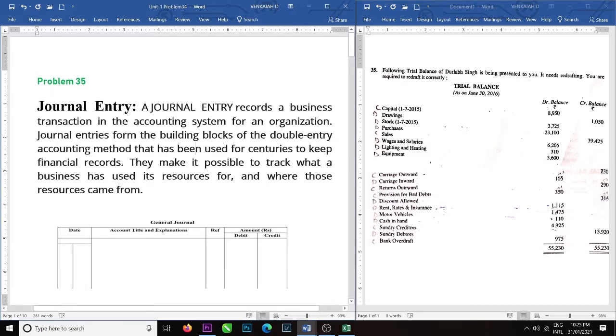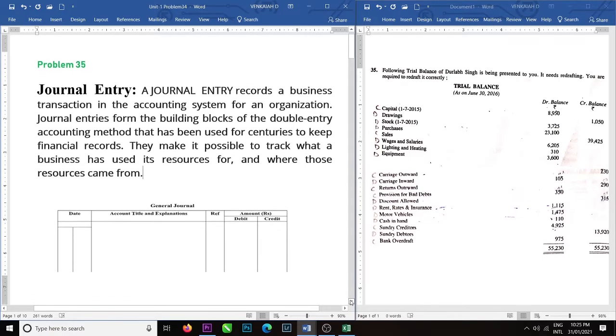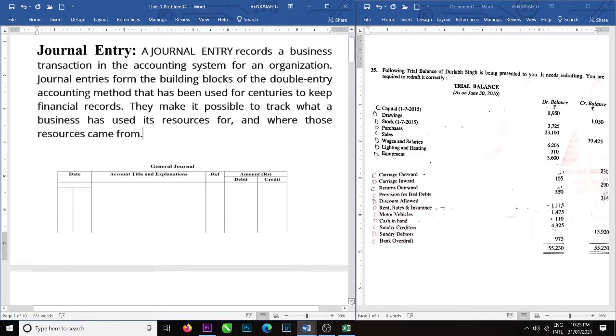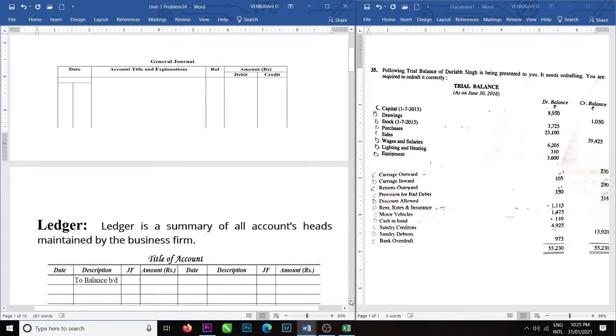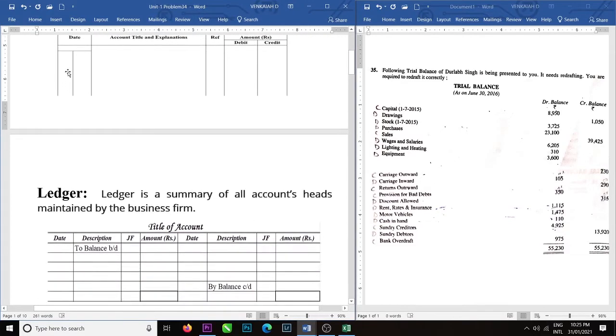What is the advantage of journal entry? It gives the possibility to track business transactions and also know about the money used and money received. That is journal entry. Look at the format.